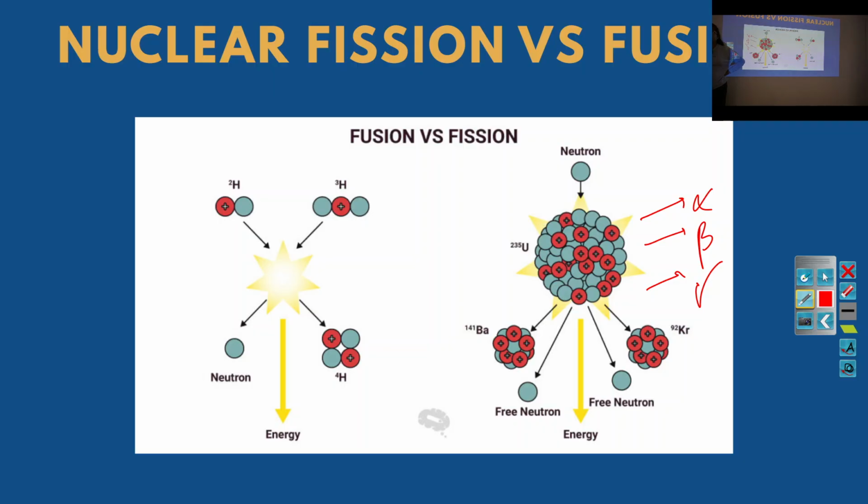A person called Robert Oppenheimer was the mastermind behind this nuclear bomb. There the fission reaction happens. And we also have the hydrogen bomb, but that is not yet developed, or it is an idea, which works on the principle of nuclear fusion.